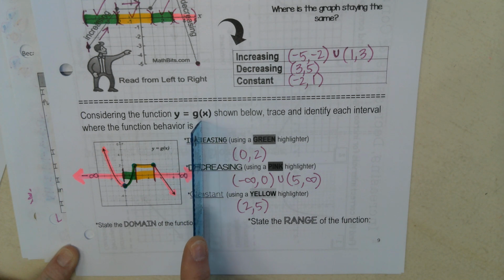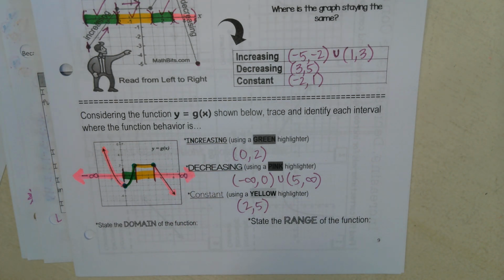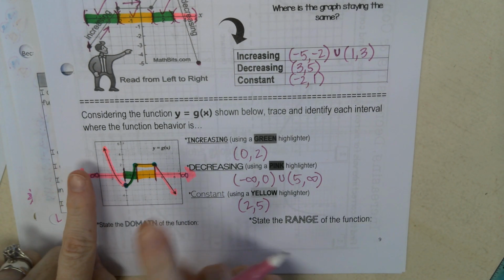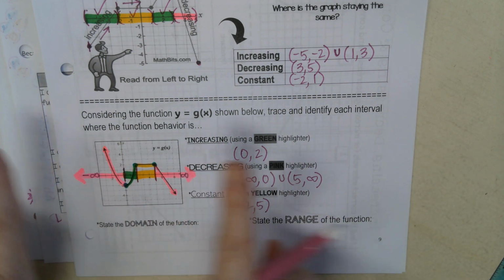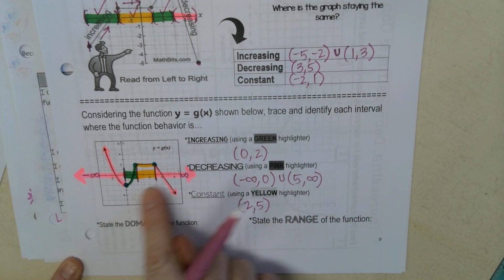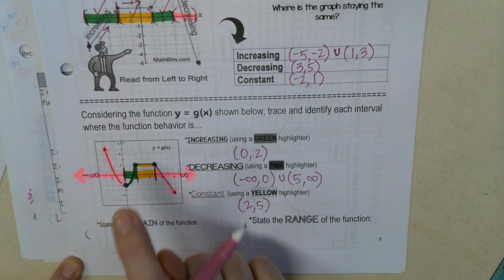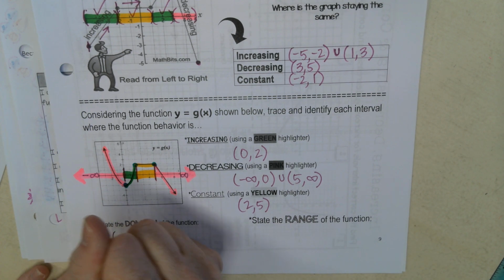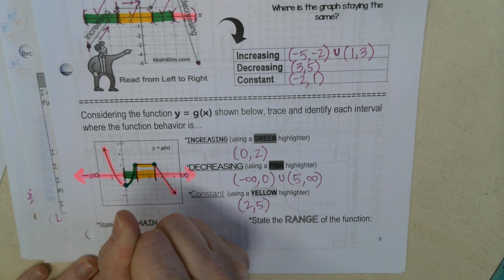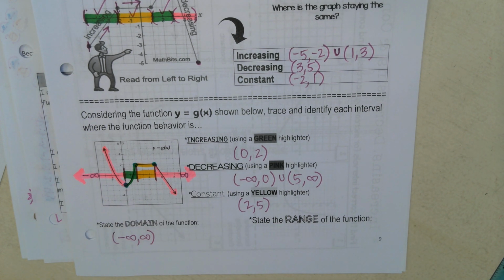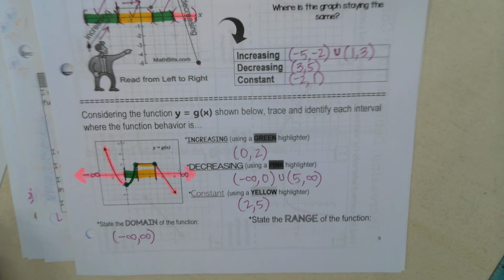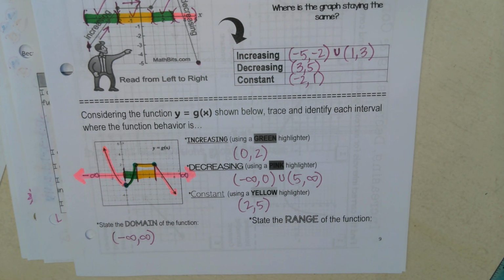Is there any hole on my graph or anywhere I have to pick up my pencil and move elsewhere to continue my graph? No. So since I have arrows on both ends and there's no holes or anything funny happening here, that means that my domain is all real numbers. It goes from negative infinity to positive infinity.